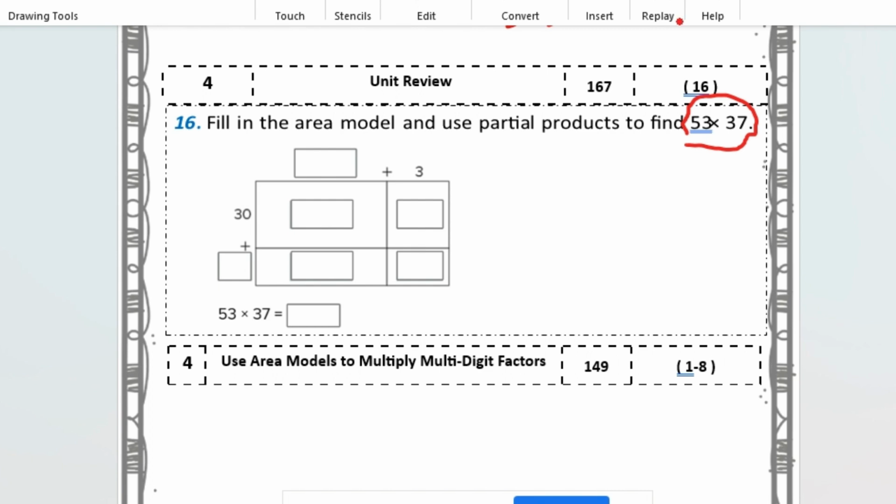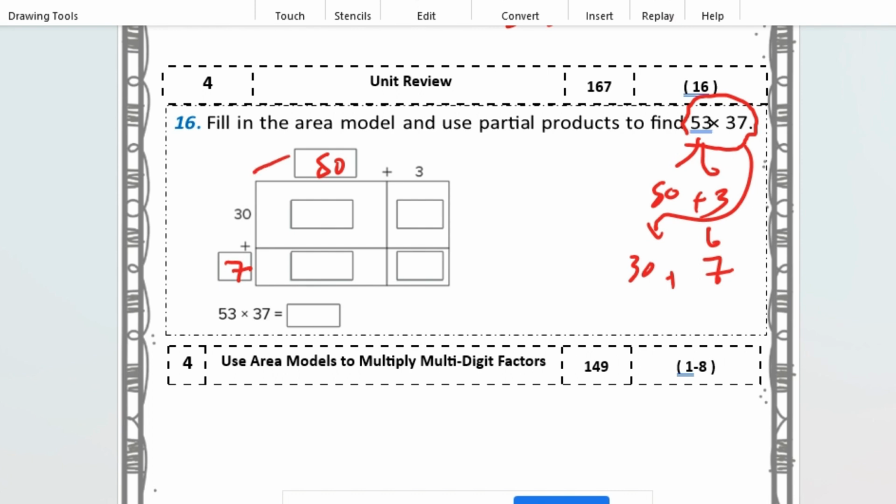We decompose the 53 into 50 plus 3 and the 37 into 30 plus 7.